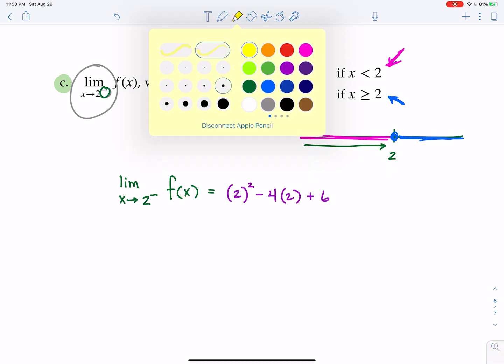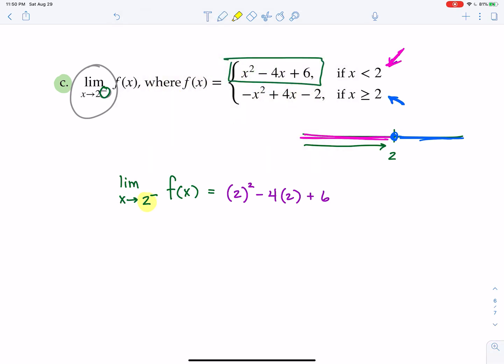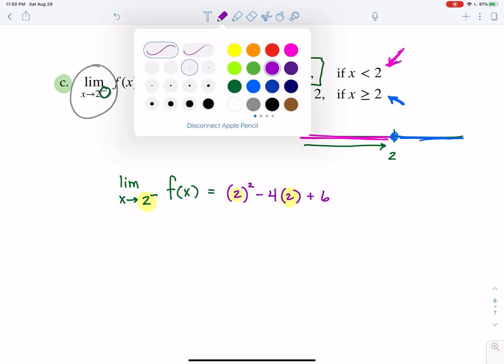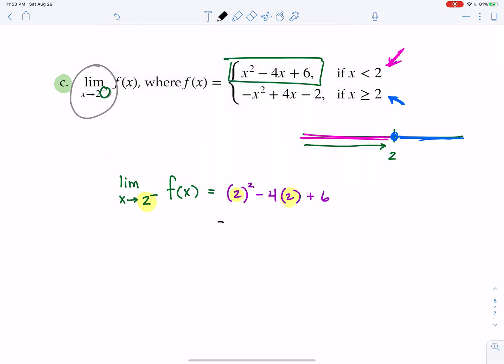And that is coming from here. That positive 2 is what I am using to plug in a substitution manner for x. And so I can just keep going. I can say that limit expression is equal to 4 minus 8 plus 6. And if my elementary school arithmetic serves me properly, I'm thinking that is equal to 2.